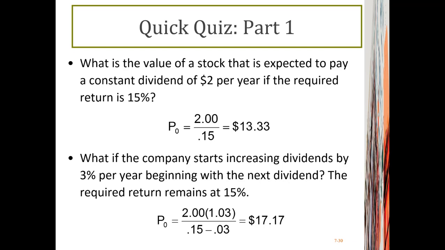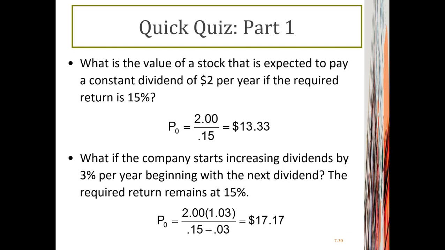Before we take a break, let's look at a quick quiz. I think both questions ask you to apply the Gordon growth model to calculate the stock price. First one, what is the value of a stock that is expected to pay a constant dividend of $2 per year if the required rate of return is 15%?